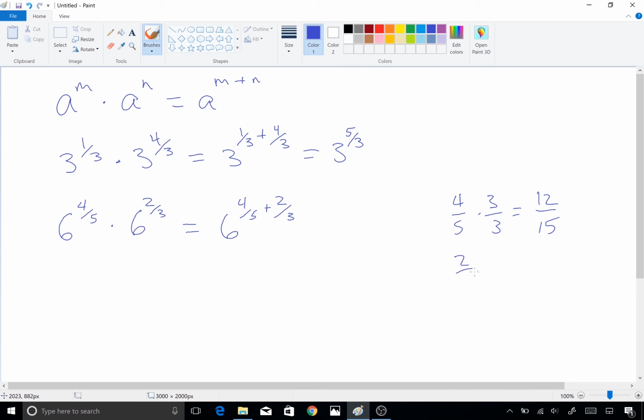And 2/3 times 5 over 5, and that's 10 over 15. So what I would get is 6 to the 12/15 plus 10/15, and that's 6 to the 22/15. And that would be the 15th root of 6 to the 22nd power.